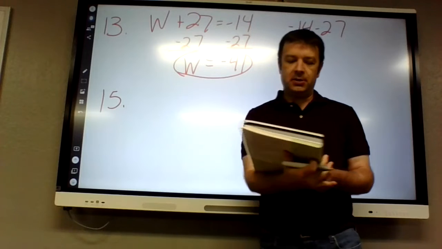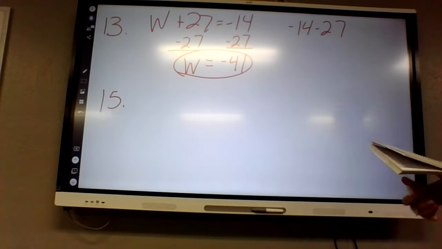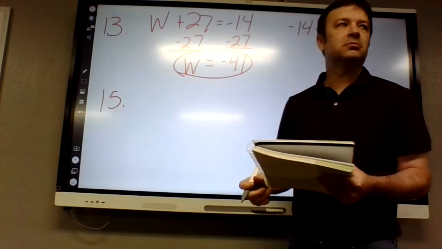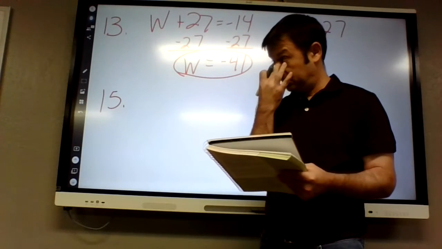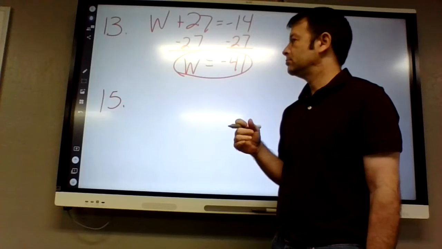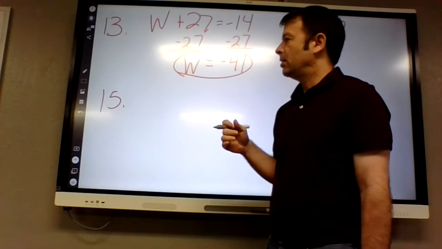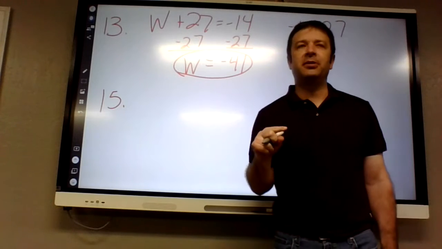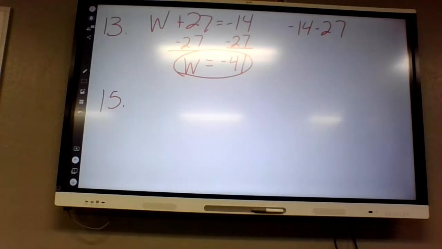Okay, Carolyn, the difference of a number and negative 9 is negative 74. How could I write that? Difference between number and negative 9, would that be 9 minus the number, or the other way around? The other way around. The only one that's backwards is if it says less than, or subtracted from.